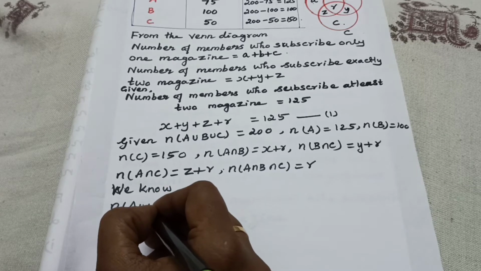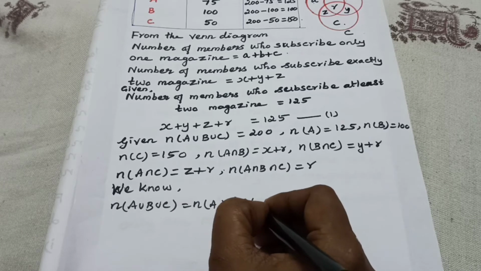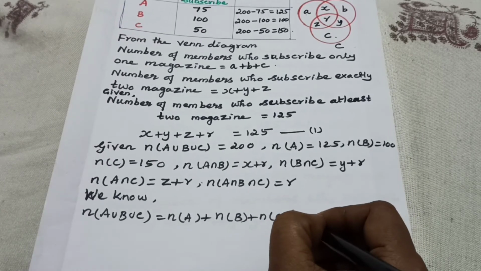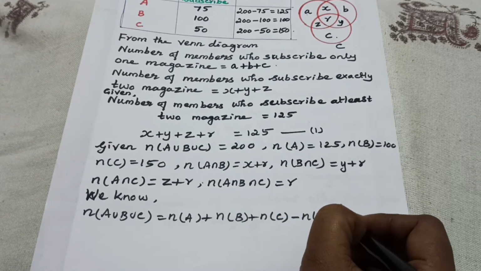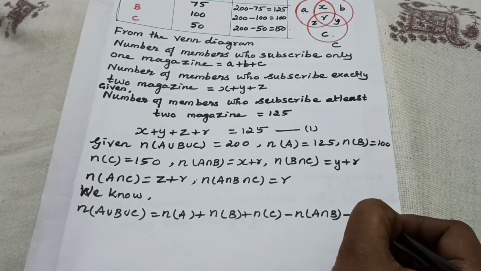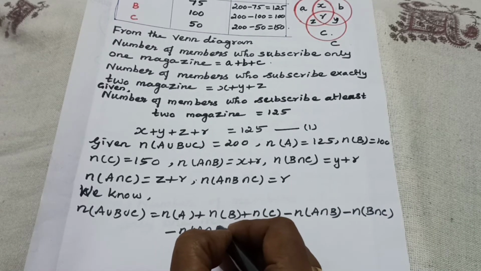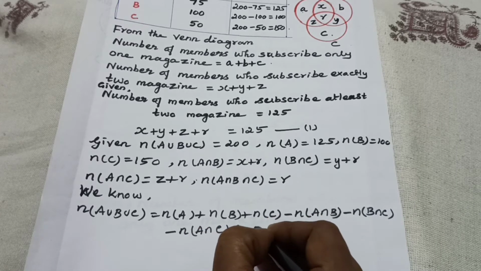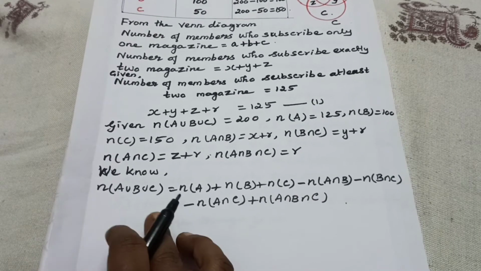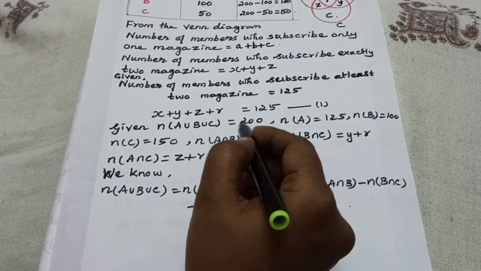N of A union B union C is equal to n of A plus n of B, then plus n of C, then minus n of A intersection B, minus n of B intersection C, minus n of A intersection C, plus n of A intersection B intersection C. Okay. This formula you know, isn't it? Here all values we have to substitute.